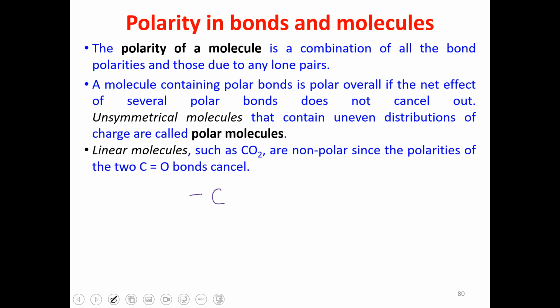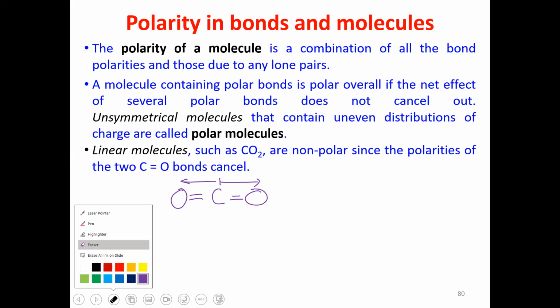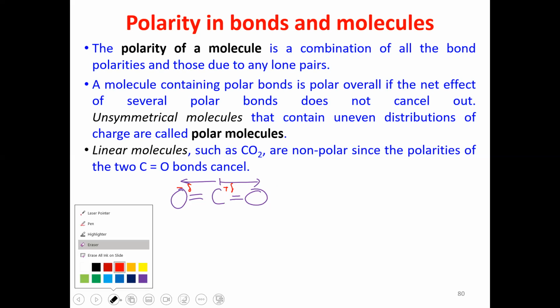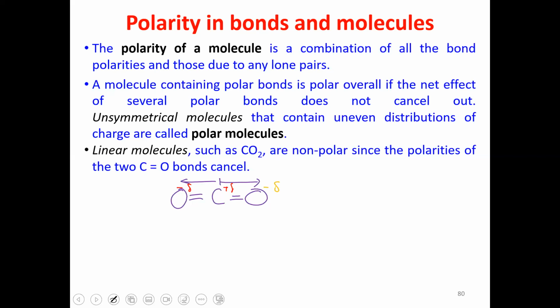I have asked this question before, but as a concept of revision, I will show you this. Why is CO2 a non-polar molecule, even though the bonds are all polar? Can you tell me why?